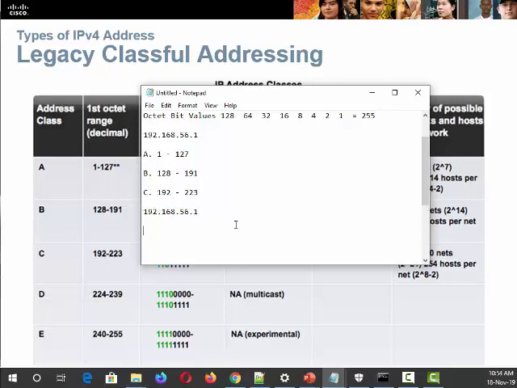You can have something like this: 1.192.168.1. Which class is this? Class A. Class A. Now, which class is this? Class C.